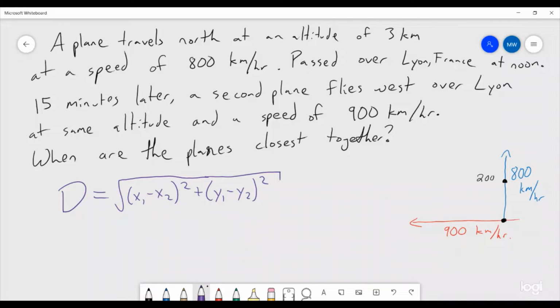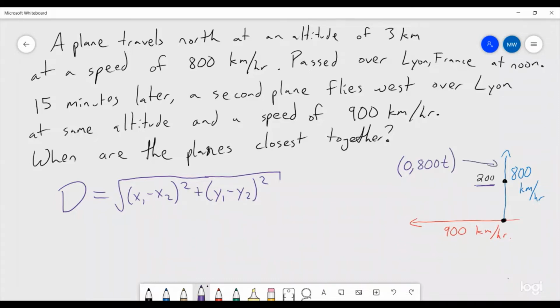So our position 1, the one that's right here at this time, we can say that its x-coordinate is always 0. It's just traveling straight north. So that means it's always going to be the point 0, and then its y value is going to be, let's just do everything in hours, so it will be 800 times t, the number of hours.